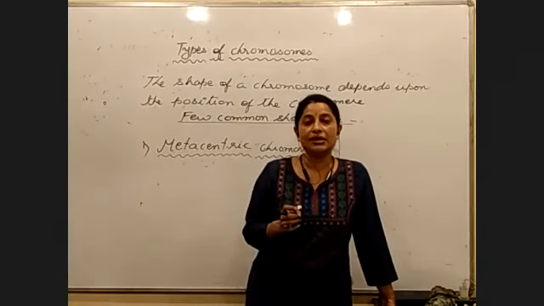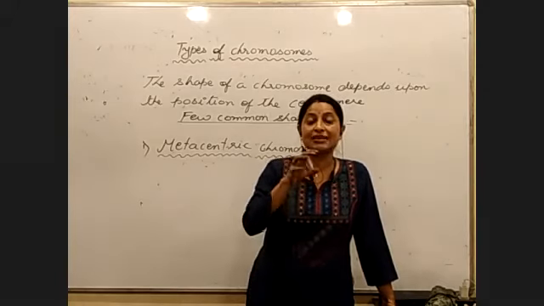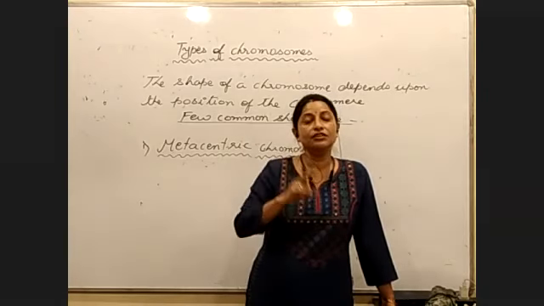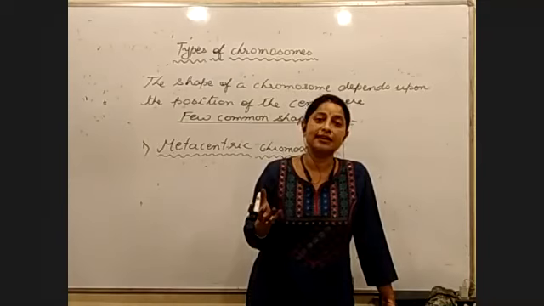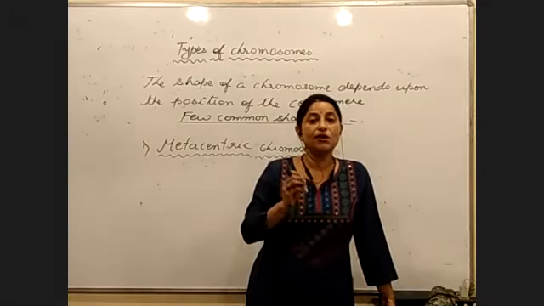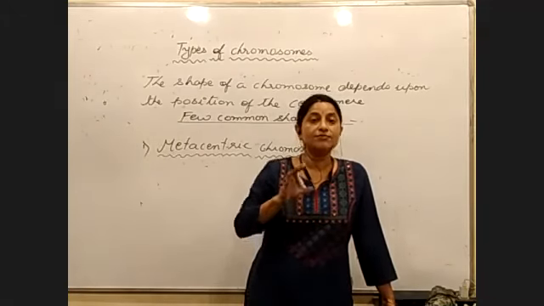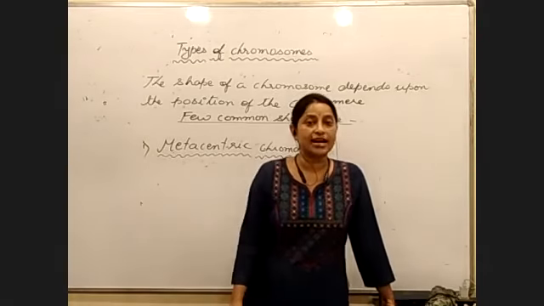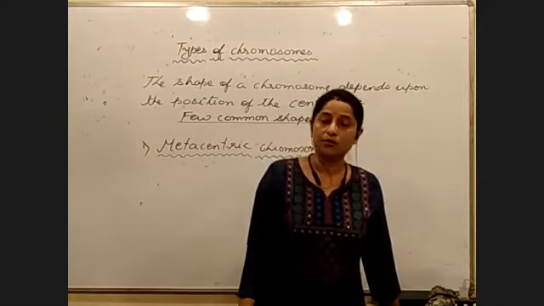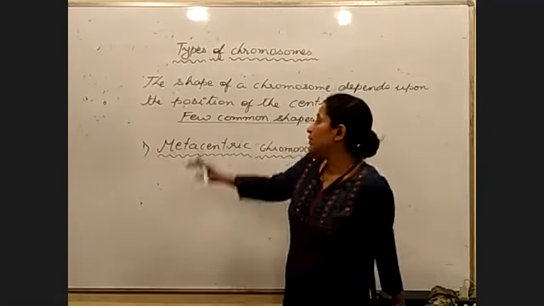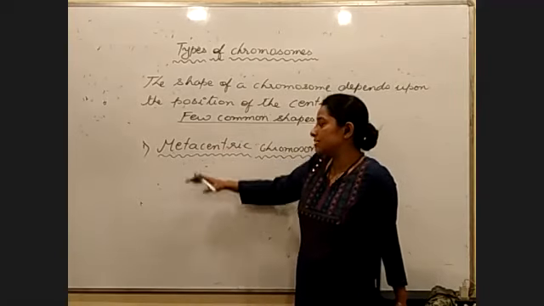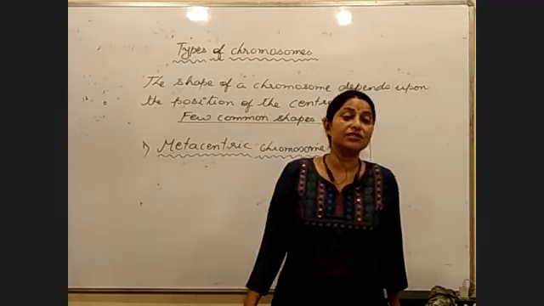If the centromere lies exactly in the middle, then both the chromatids would be almost of the same or equal length. But depending on the position of the centromere, as we have discussed the two terms, isobrachial and heterobrachial, we have different types of chromosomes, that is metacentric, submetacentric, telocentric, etc.